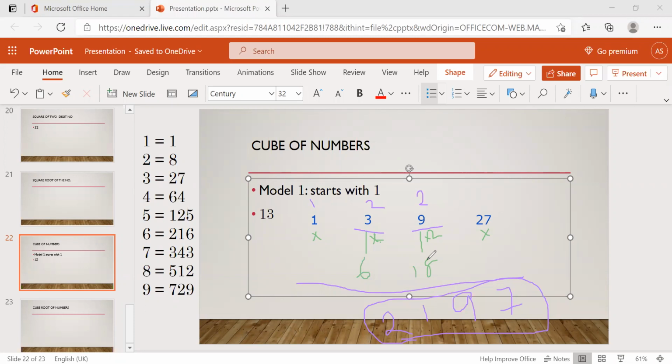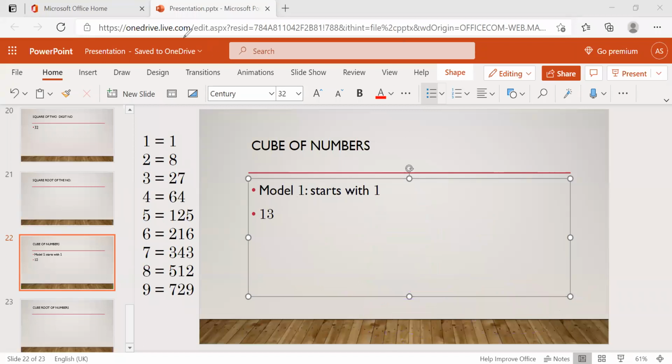But you need to remember one important point: when adding, take only the first digit. The second digit, maybe 3 digits, maybe 4 digits, will be carried forward to the next number. So 7 I am taking here, 2 is a carry. 9 I am taking here, 2 is a carry. And 1 I am taking here, 1 is a carry. This is the answer. Okay, we'll check one more problem, then we can easily understand.